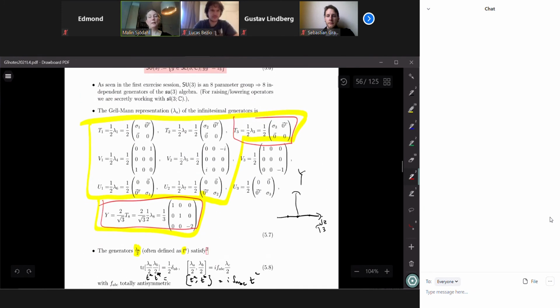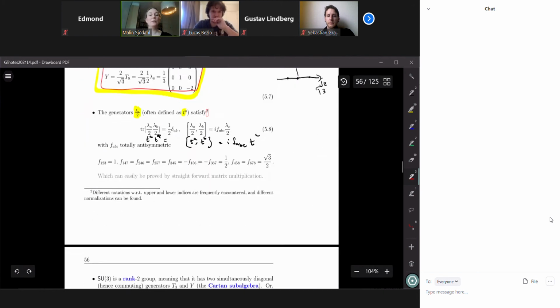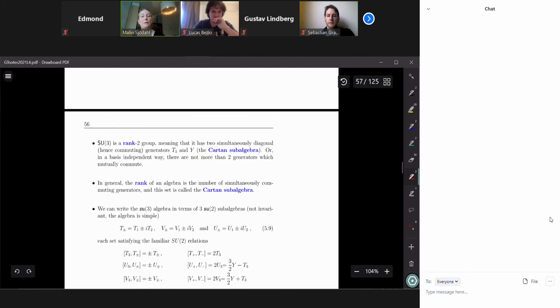However, we cannot find another simultaneously commuting or simultaneously diagonalizable matrix. So we cannot rotate and change bases here in such a way that we find a third commuting generator. There's only two, so we have a rank 2 group.